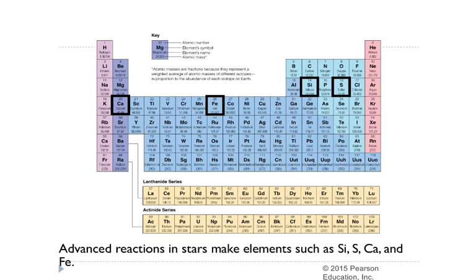So silicon, sulfur, calcium, up to iron, which is the 26th element. So in low mass stars, carbon is the end of the line. In these high mass stars, and specifically those over 8 solar masses, you could get up until iron, the 26th element there. And that's the end of the line for reactions within the star.